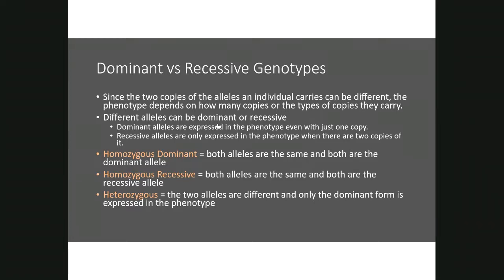All right. Okay, so when you have a condition where both alleles that are in the genotype are the same and they're both dominant, you call that homozygous dominant. For example, big E, big E. And it's just convention that when we are talking about dominant alleles, we write them as capital letters.